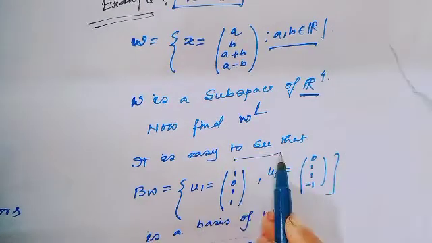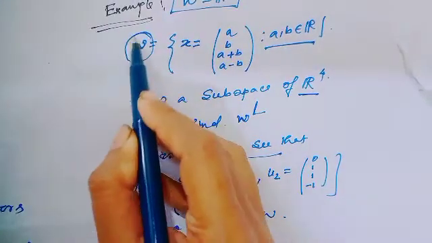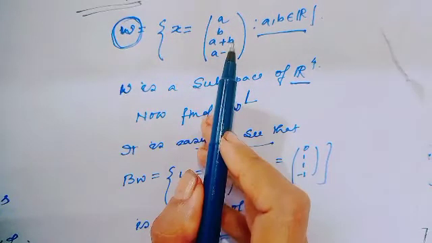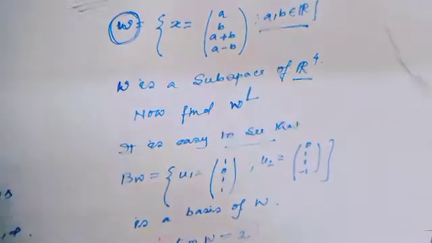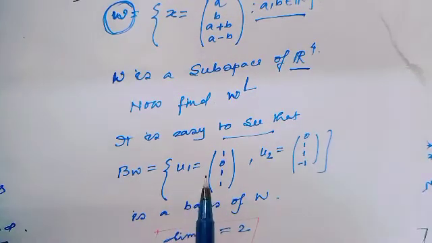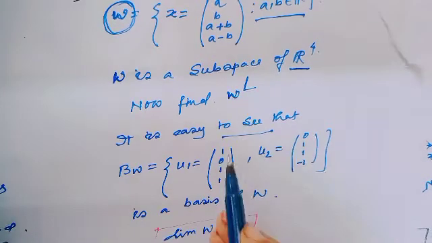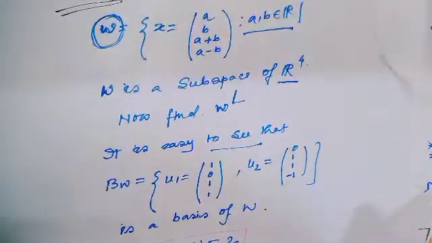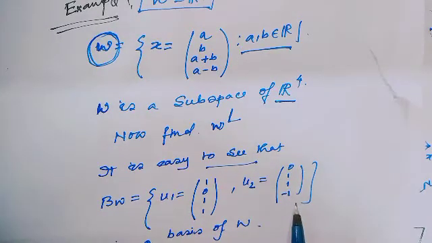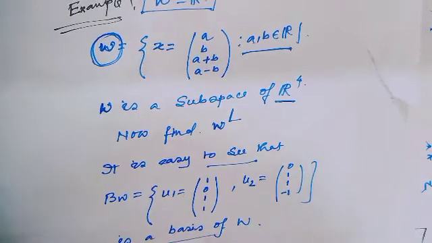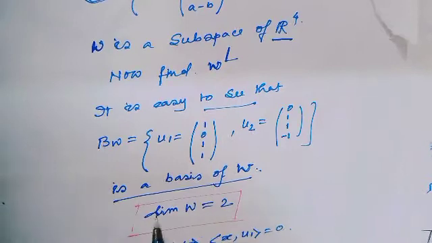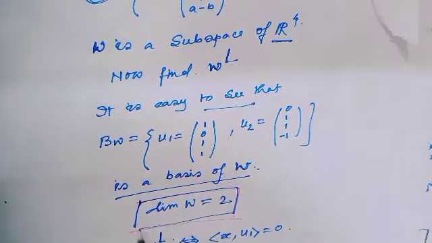It is easy to see the basis vectors of this subspace: u1 is (1, 0, 1, 1) and u2 is (0, 1, 1, minus 1). Obviously these are the basis vectors of small w, so the dimension of this subspace is 2.